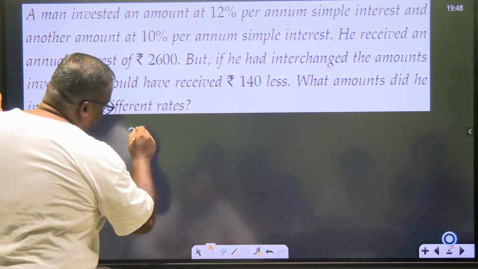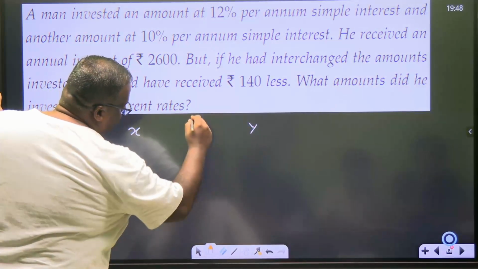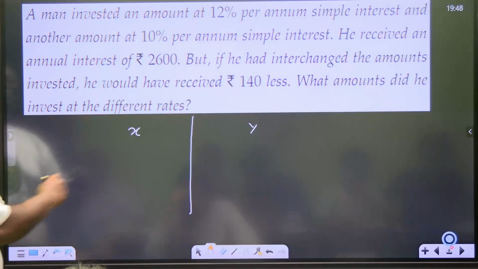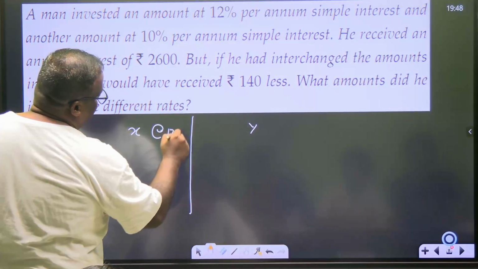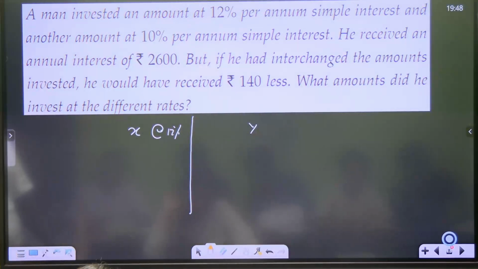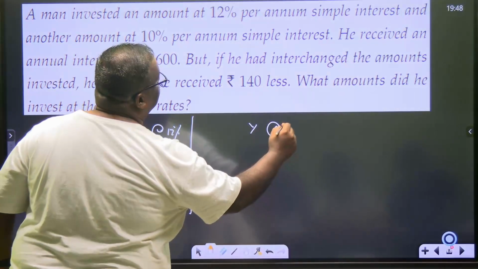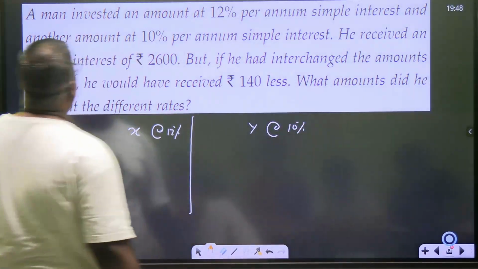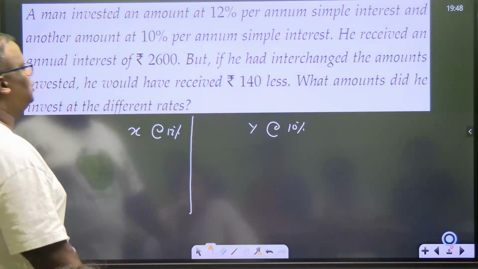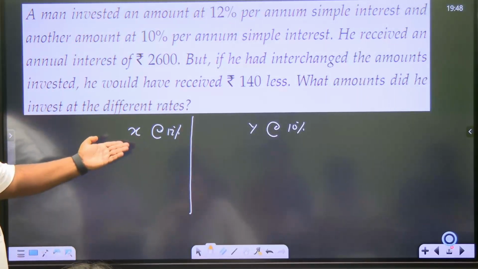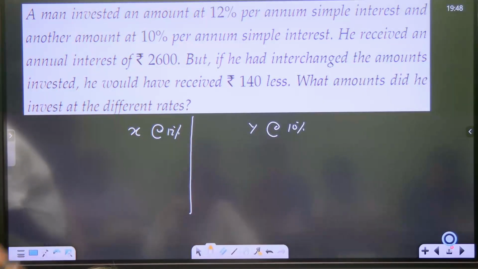So let one amount be X and one amount be Y. X he invested at say 12% simple interest, and another amount Y he invested at 10%. He received an annual interest of 2600. So what should be the interest here? PRT by 100.